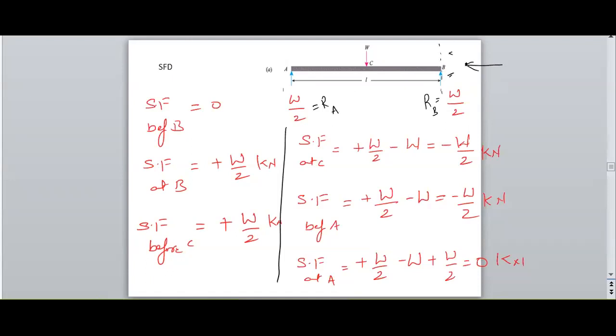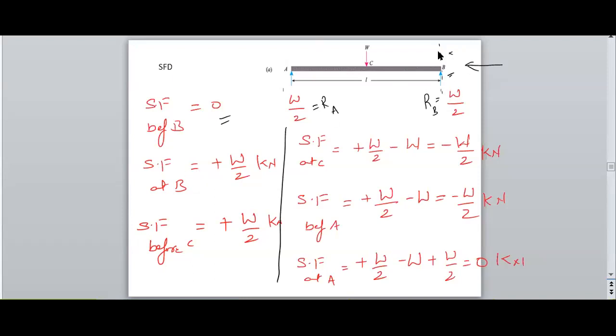Before B, the net force on the right hand side of my section is 0, since there is no force before B. Therefore, it is 0, and at B.